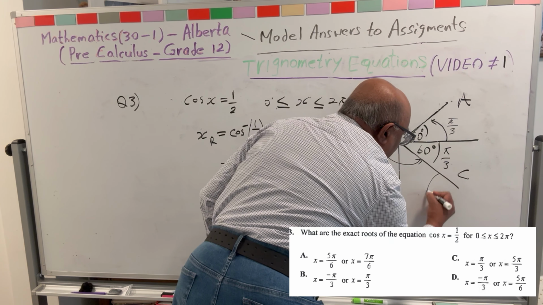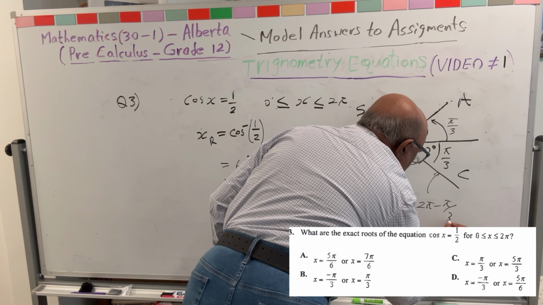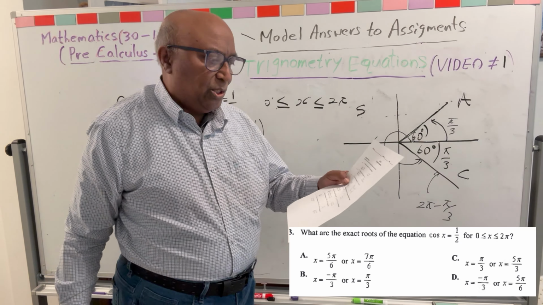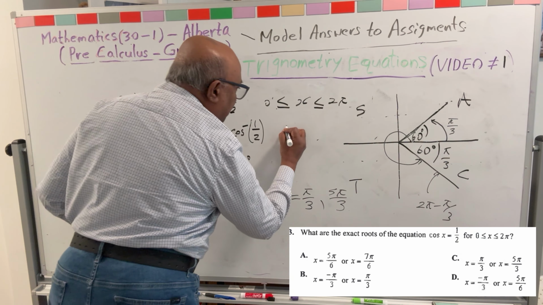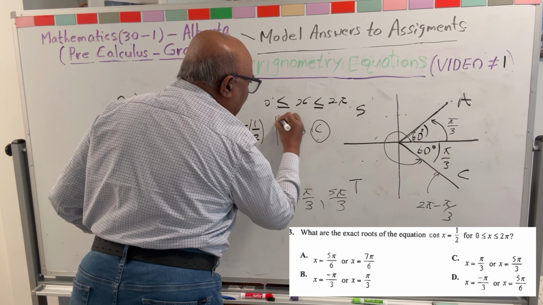Okay, I got this angle like this: 2 pi minus pi by 3. Okay, that means the answer number is C.